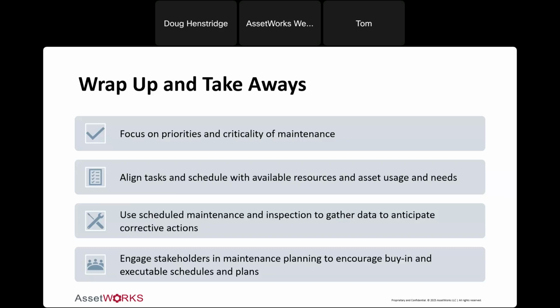And by all means, engage your stakeholders, right? Your hands-on maintenance guys, your managers, senior leadership, even some of your customers, in terms of their experience with how maintenance is being performed. So, that's kind of my takeaways for today.